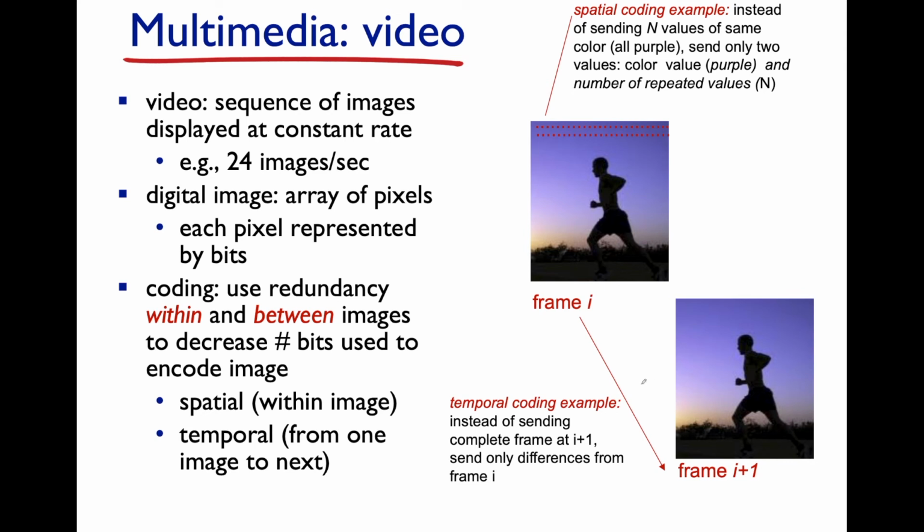If your frame rate is 24 frames a second, that's 1/24 of a second, and because that's such a small amount of time, not that much in your image is going to change from one instant to the next. The result is that you end up sending less data across the network to represent the motion going on in that image.